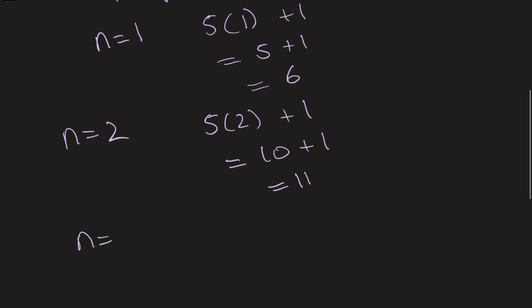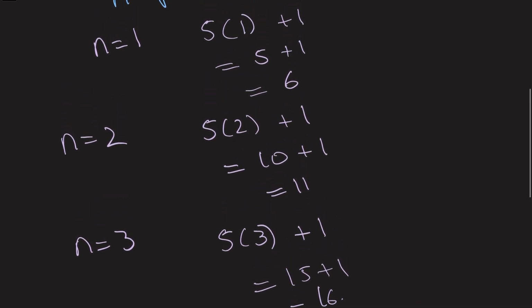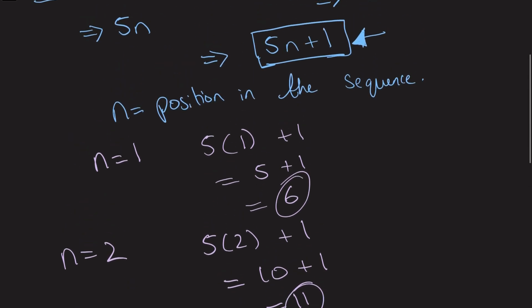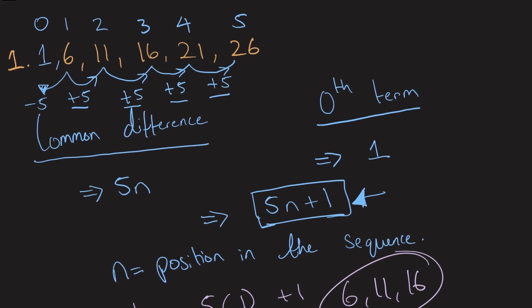When n equals 3, you write 5 brackets 3 plus 1, which equals 15 plus 1, which equals 16. So now when we look at all three of these numbers, 6, 11, and 16, it's exactly the same as the initial sequence. So we know this answer has to be correct, and that's how you can double check.